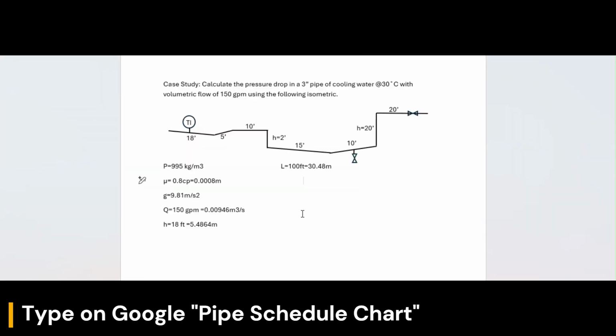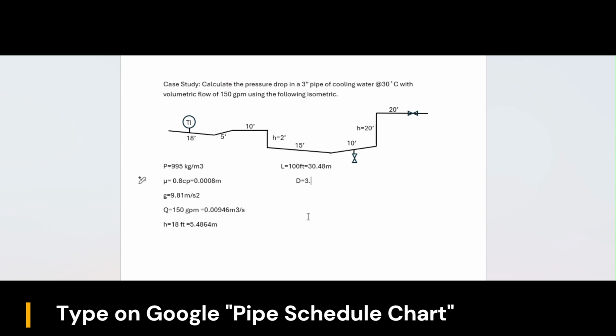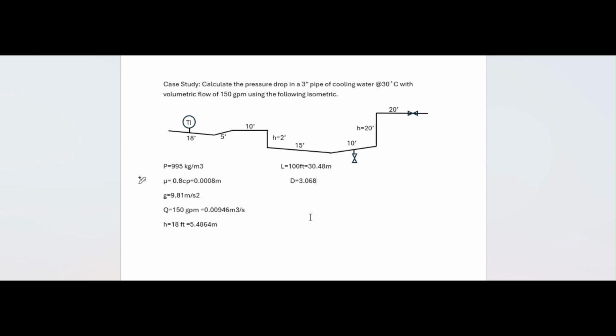So let's say D equals 3.068 inch, which is equivalent to 0.078 meter. Okay.